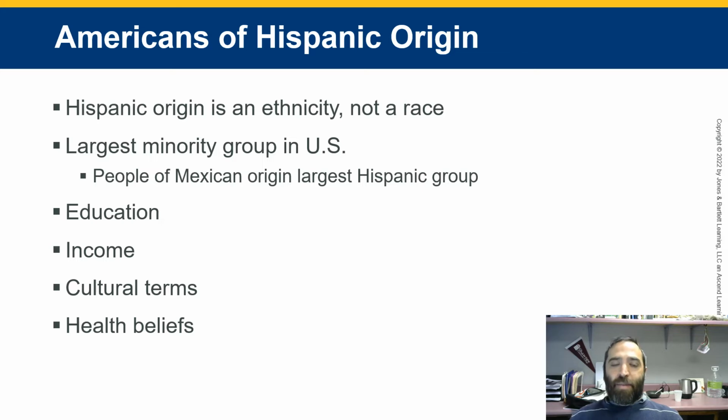Let's talk about Americans of Hispanic origin. The term Hispanic is not a race. I oftentimes mix this up. It's actually an ethnicity. It refers to people who come from countries that have been either invaded by Spain or speak the Spanish language. So that's going to include Mexico and many of the Central American countries and most of the South American countries and some of the ones in the Caribbean as well.